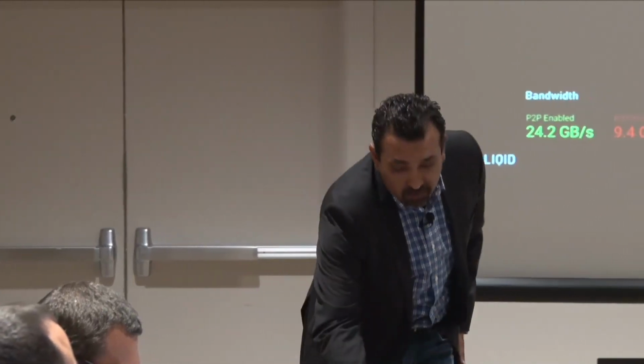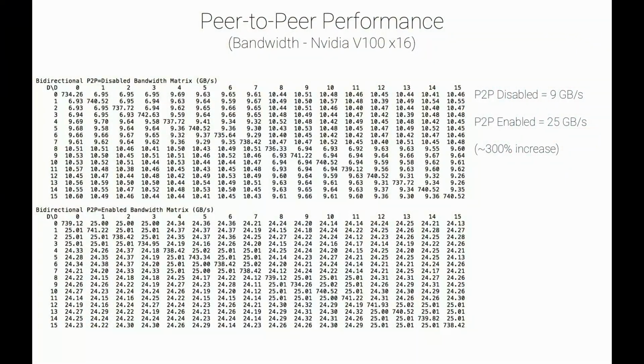So the data that we'll share with you here is this is peer-to-peer performance run across 16 GPUs. When I have peer-to-peer turned off, I'm averaging 9 gigabytes a second. When I turn peer-to-peer on, I get a 300% performance improvement. So if I get it right, with that you're going beyond the physical capabilities that you have in, for example, a TU server.